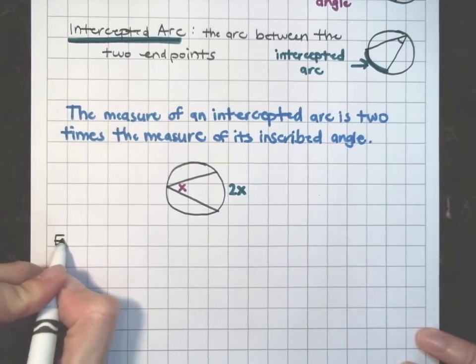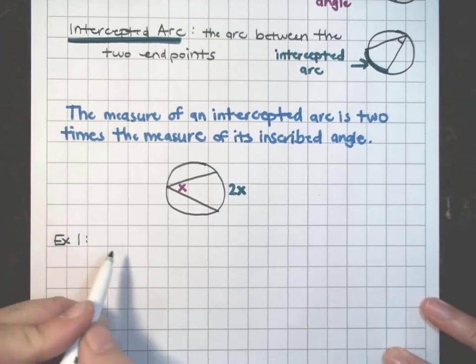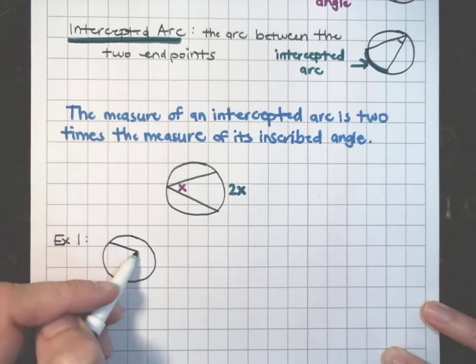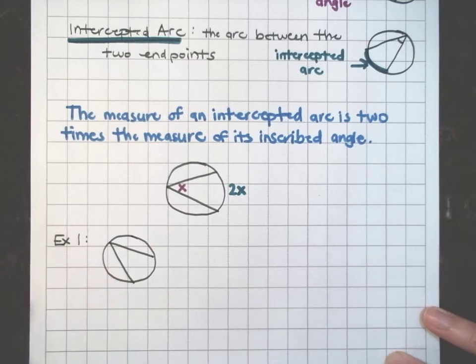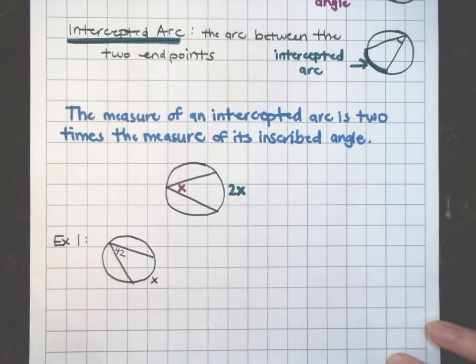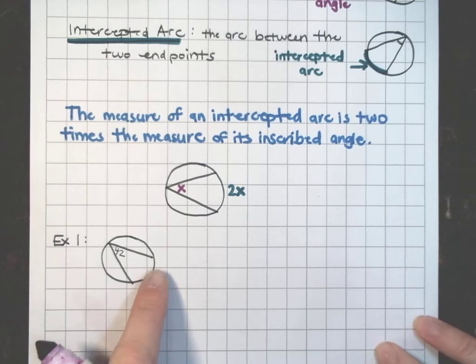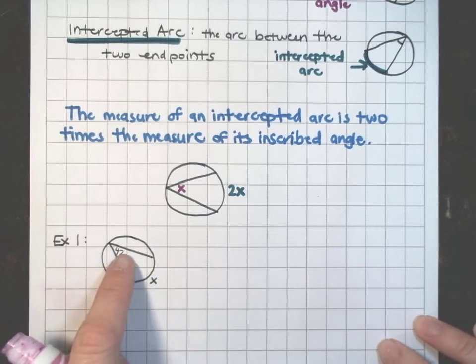Let's do some examples. So to find x, we know that the arc is double this, right?